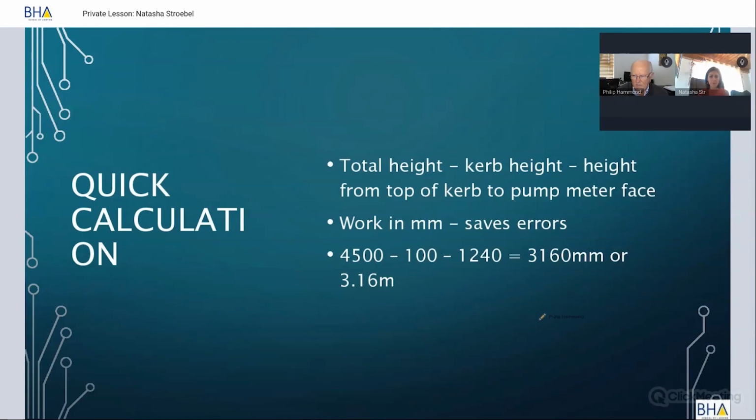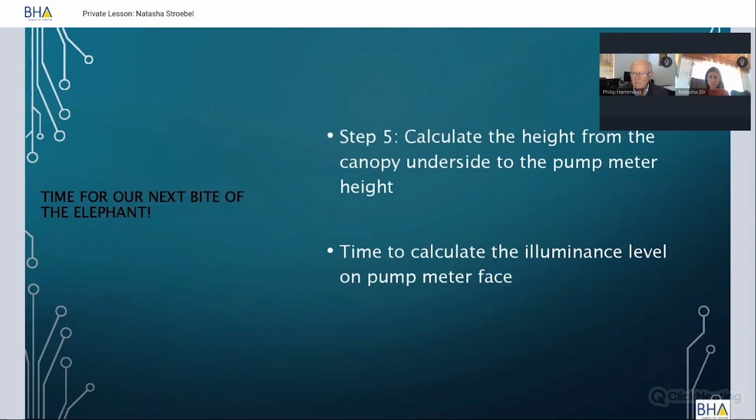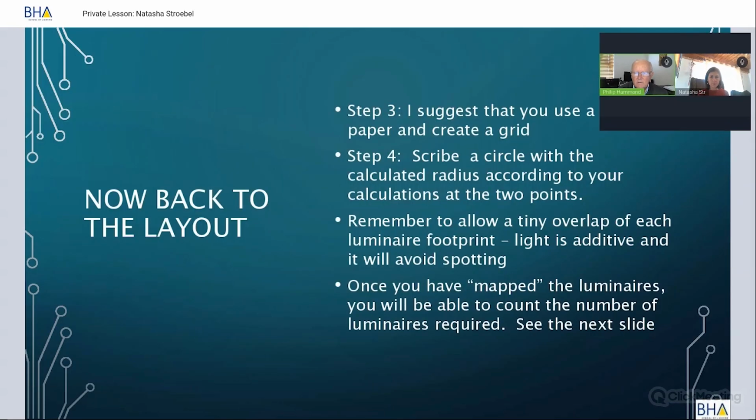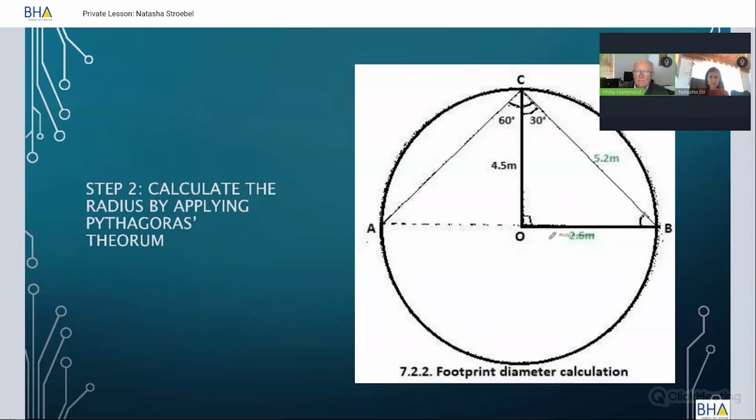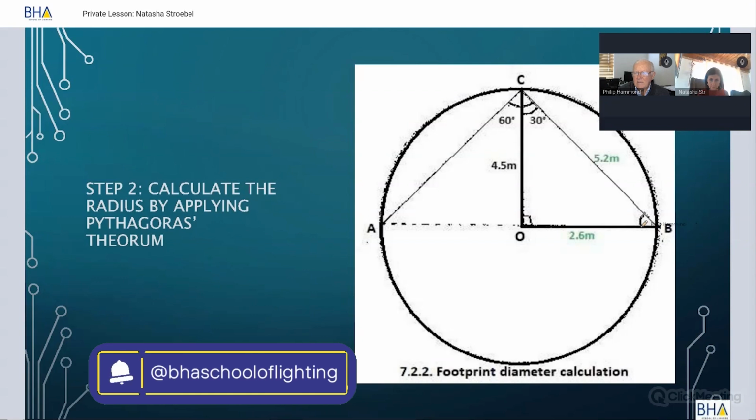So how do I do that? Let's go back to this one. All that I do, because I've made the overlaps so that my pumps are also covered by the amount of light I've got, is raise the adjacent, all right?